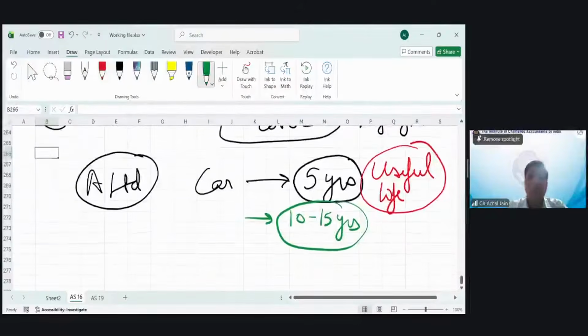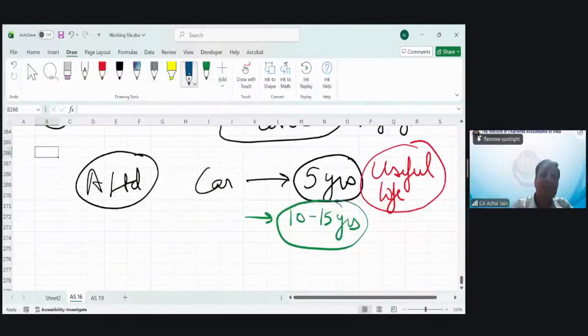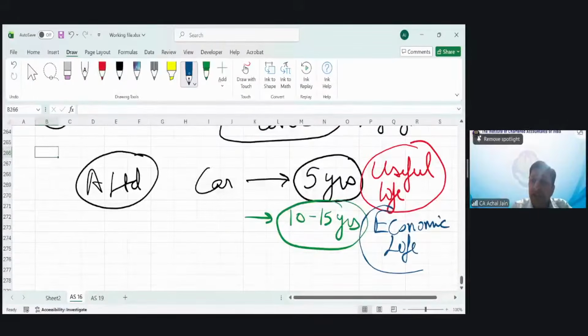Now this 10 or 15 years, what do you call it? This is what you call economic life. Okay, so there's a difference between economic life and useful life. Understood? What's the meaning of economic life and how is it different from useful life? Yeah, clear?